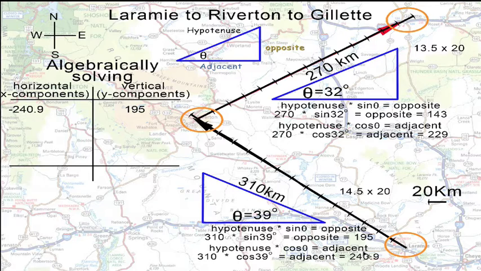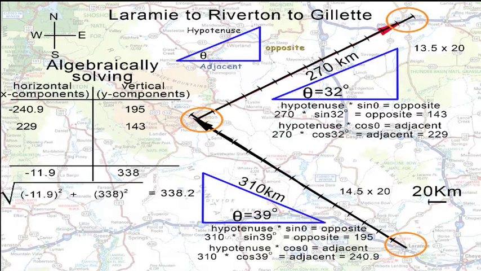This goes over here: x component, y component. And then there's your positive 229 adjacent and positive 143. Now we're going to add those up. The x components add up to negative 11.9 and the y components add up to 338.